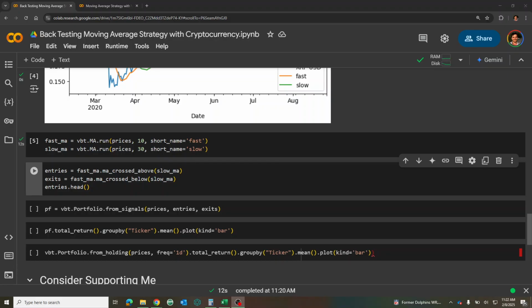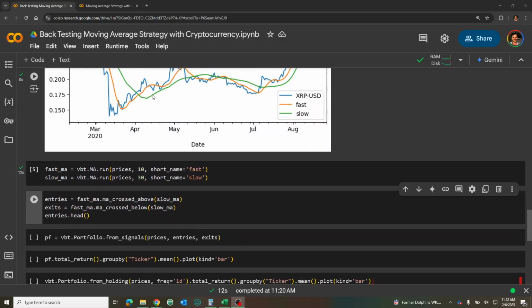Okay, so I just went through and I paused the video. You probably won't see that part, but I went and read through vector BT, and this is the way you're supposed to do it because you're just choosing one line to track to place your entries and exits. So we're using our slow moving average here. And when we have the fast cross over the slow, that's our entry.